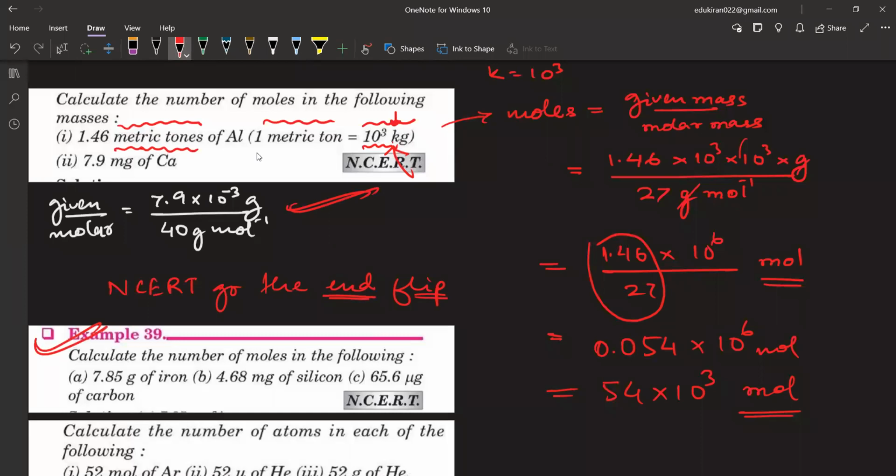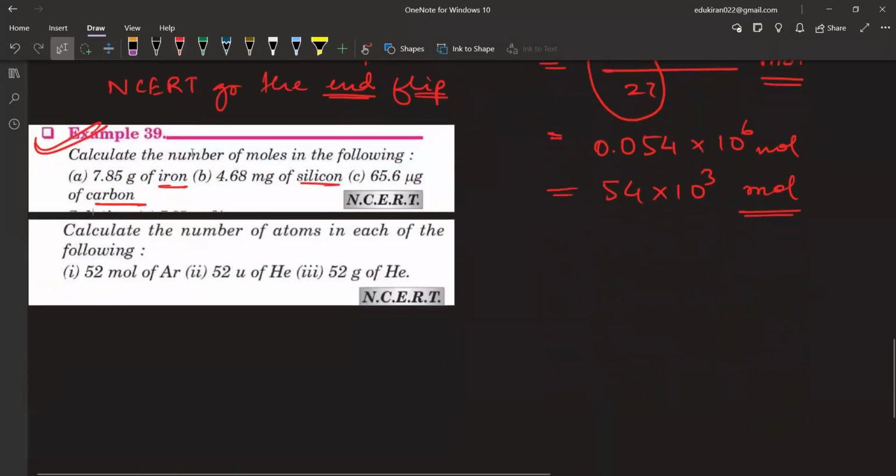You will get a very big table in which you have been given the molar masses or the atomic masses in alphabetical order. If you want the molar mass of, let us say, iron or silicon or carbon, you can go to that page and find it out.